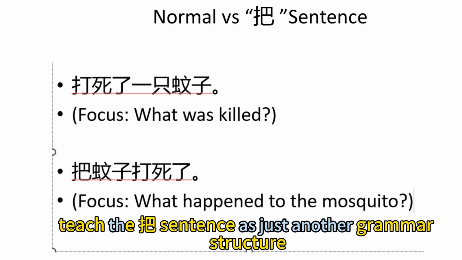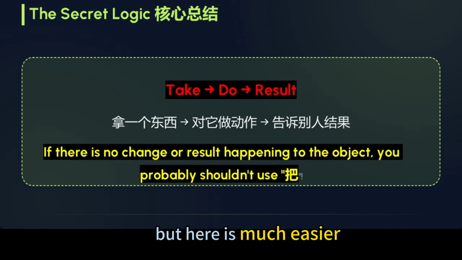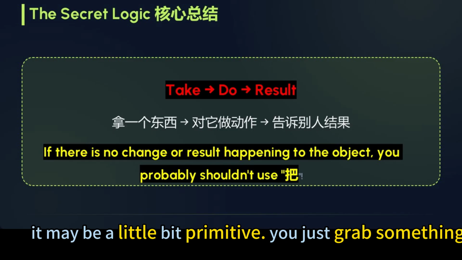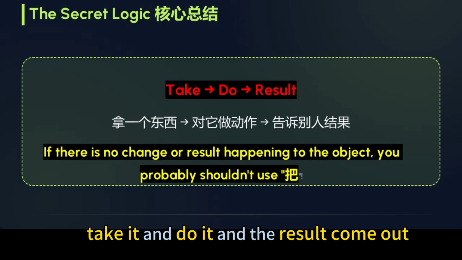Many textbooks teach the 把 sentence as just another grammar structure, but here is a much easier way to think about it. It may be a little bit primitive. You just grab something and do something to it, and the result comes out.